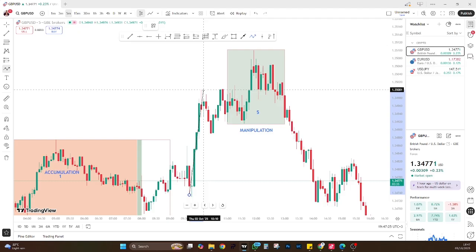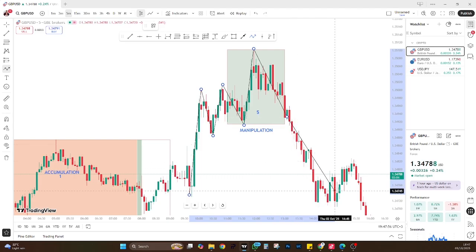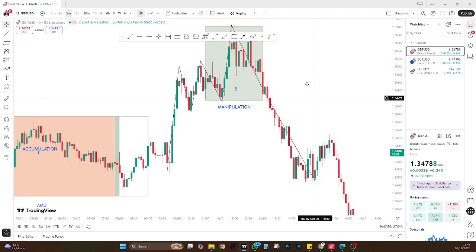This is the move that took out the highs, the liquidity, and then the market made it look like it was coming back. This move is to trap sellers, and then this move came here. This is what we call manipulation. Okay, if you look at this from here, this is what we call distribution.